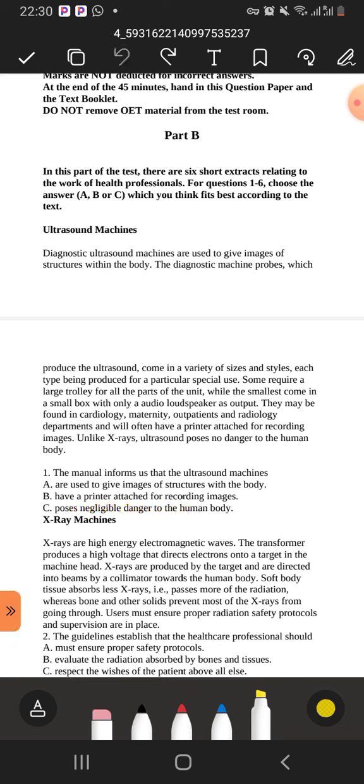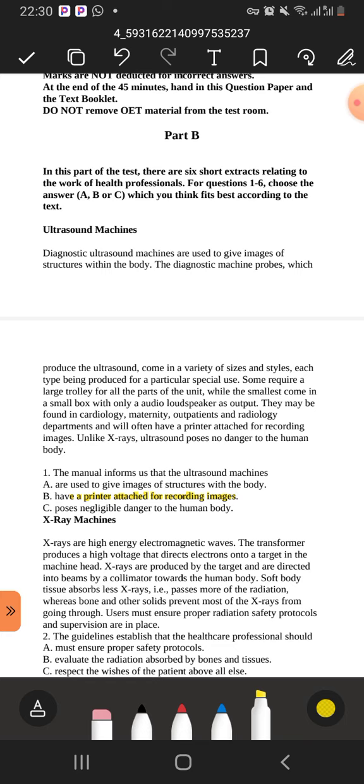So using the elimination method, B is what we are going to go for as the right answer. That's our answer there, B. So A has been eliminated and C has been eliminated successfully. Option B is the only one that can be found in the extract and matches what's being used in the extract.